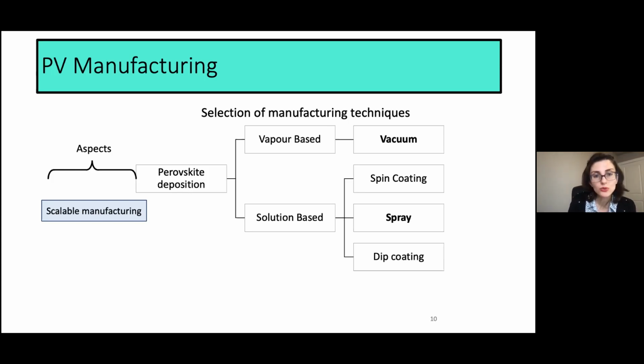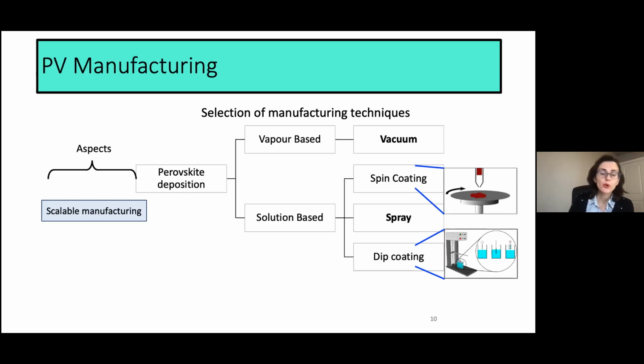Regarding the solution-based methods, spin coating, for example, gives great results at lab scales, when we work on a cell size of maybe 1 inch by 1 inch. At this size, it is great. But at industrial scale, when we have 1 meter by 1 meter PV panels, or 1 meter by 2 meter PV panels, like First Solar's PV modules, it wouldn't be very efficient.